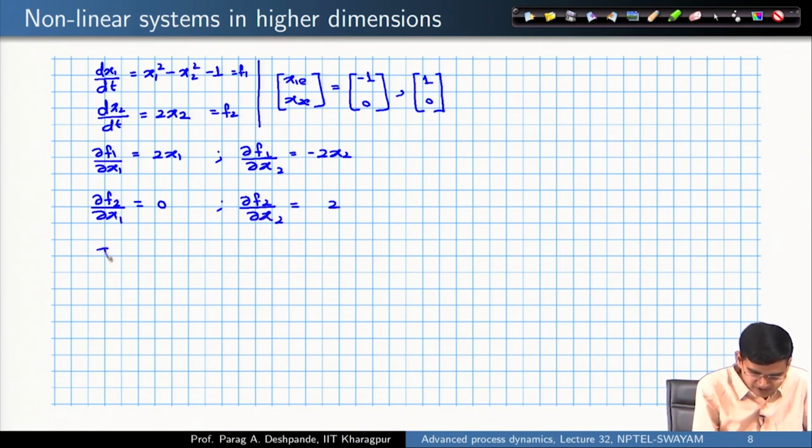So, therefore, the general Jacobian matrix is 2 x 1, minus 2 x 2, 0 and 2.